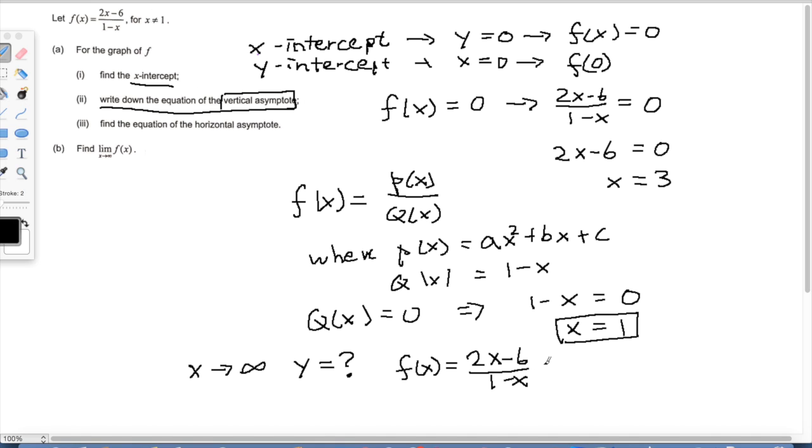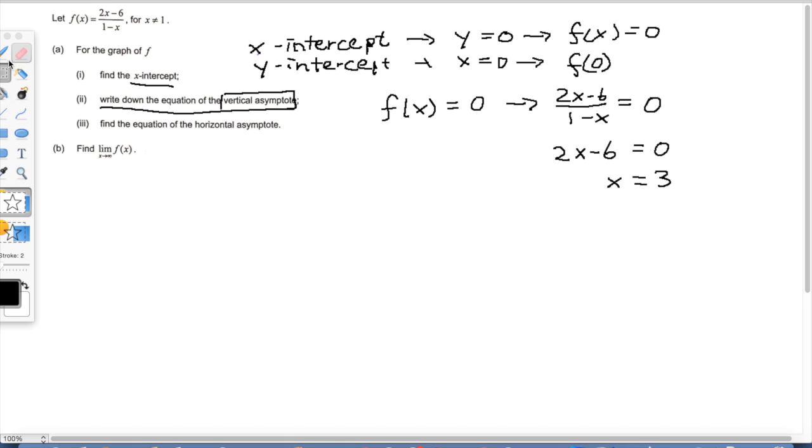You can substitute a very large value for x, say 10 to the power 10, and calculate the value. You can see that the value is very close to the limit of the function, which is also the horizontal asymptote. In this case, it's -2. So we can immediately claim that the equation of the horizontal asymptote is y equal to -2.